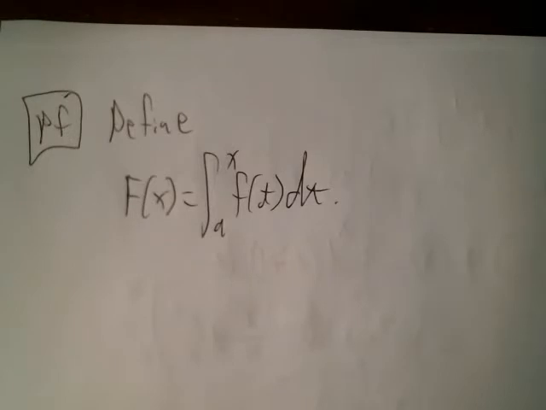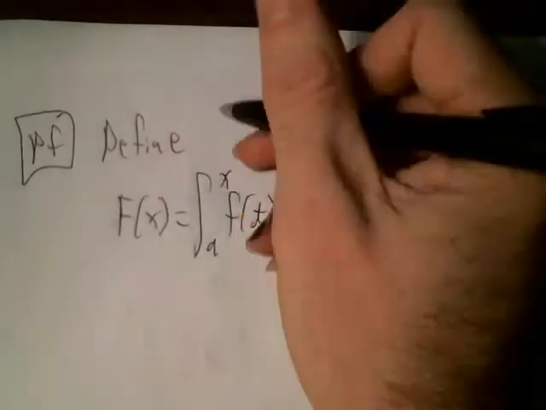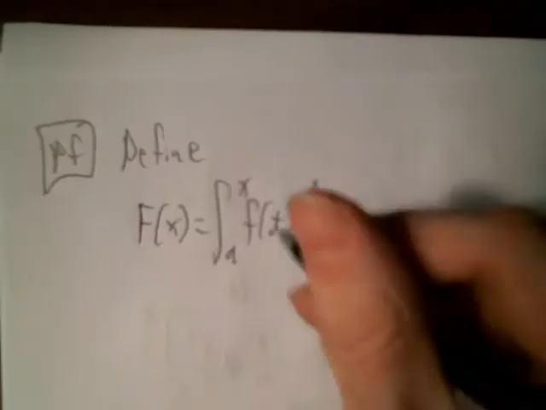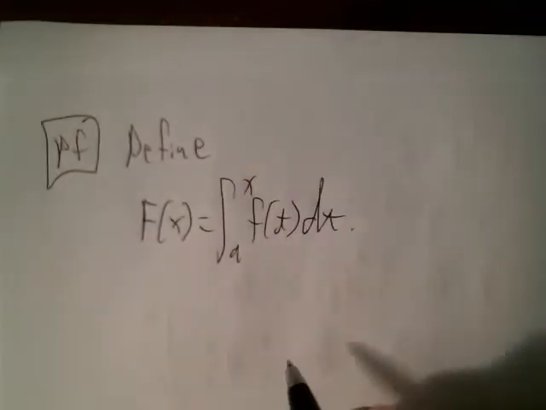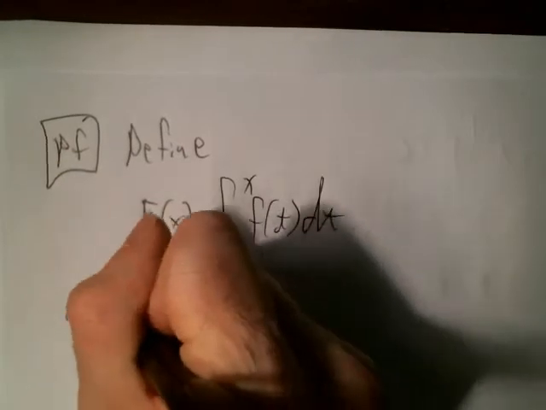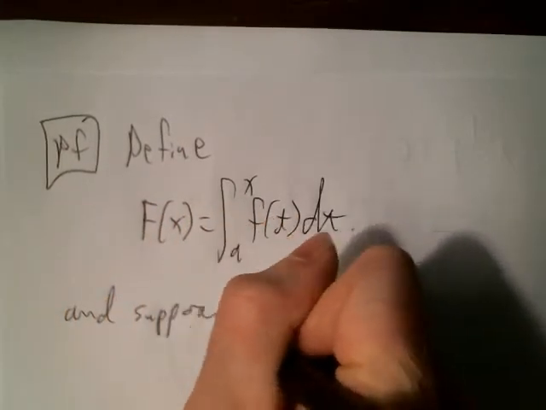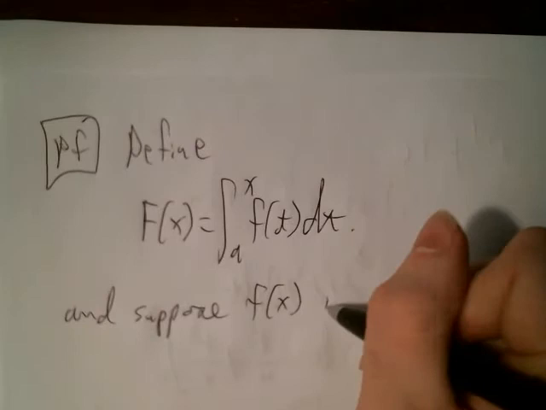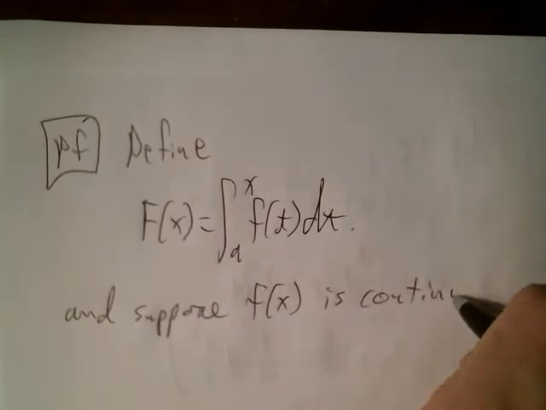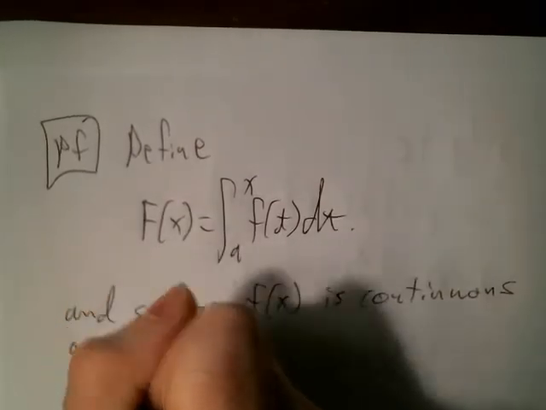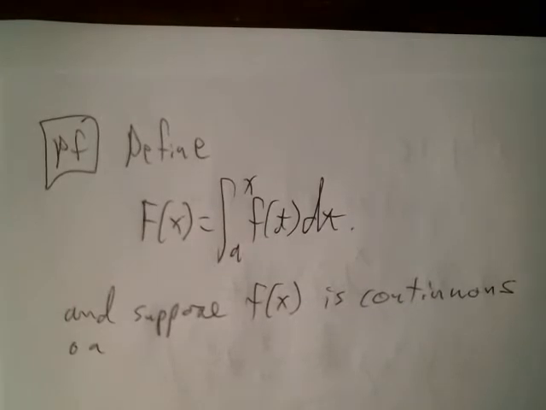Yeah, f needs to be continuous on the open interval I. So define big F of x equals this, and suppose f of x is continuous on some open interval I containing a.